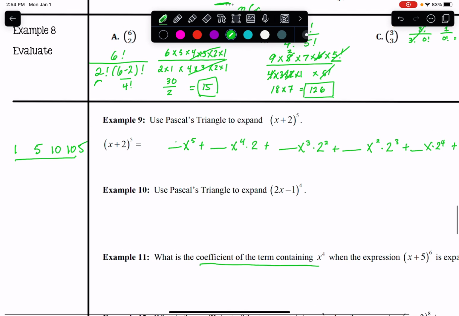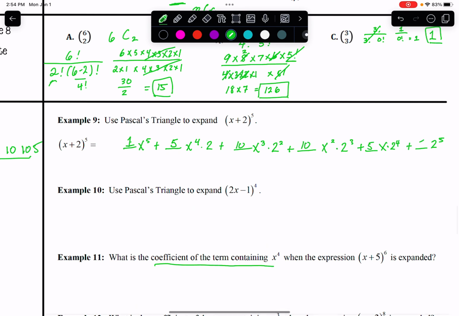And I put in my numbers 1, 5, 10, 10, 5, 1.